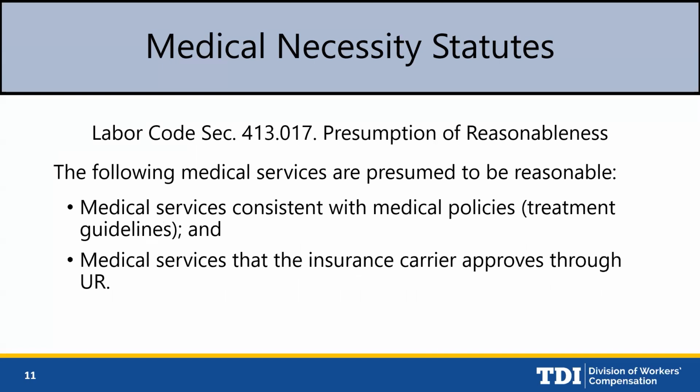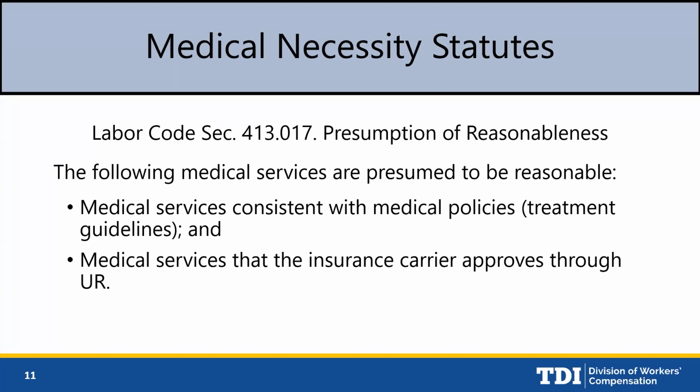The next one to understand about medical necessity in workers' comp is 413.017, and that is talking about the presumption of reasonableness. That means if you're following these criteria, it is presumed to be medically necessary in our system. You have the presumption. The other side would have to overcome with more evidence to determine that it's not medically necessary.